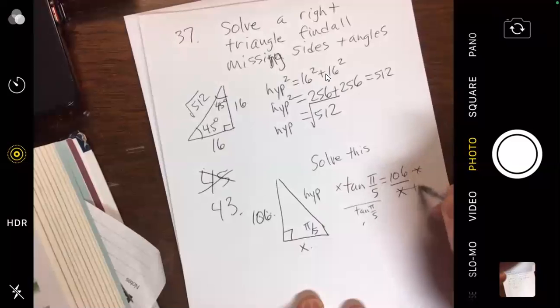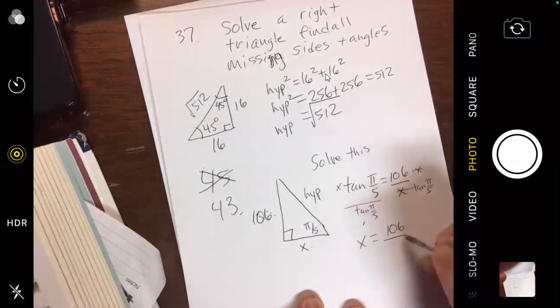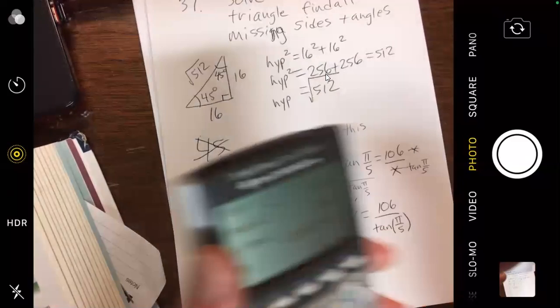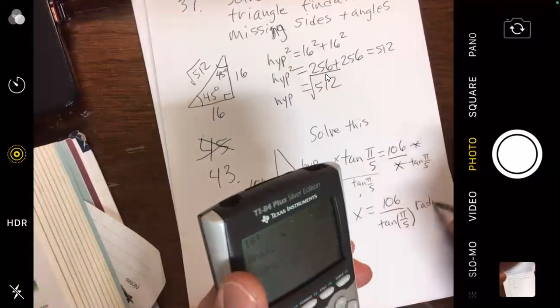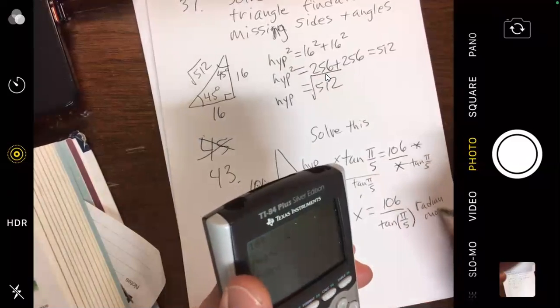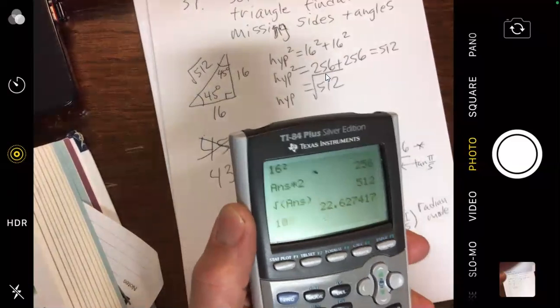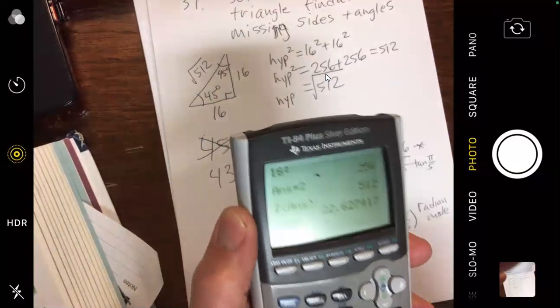The x's cancel, so x is 106 divided by tangent pi over 5. Radian mode. Better check mode.